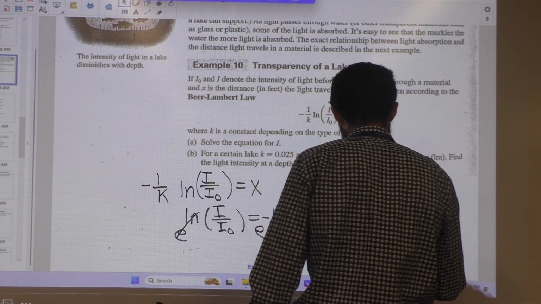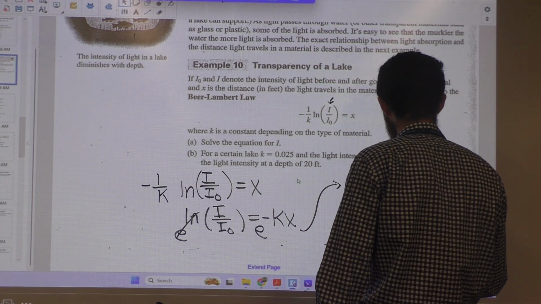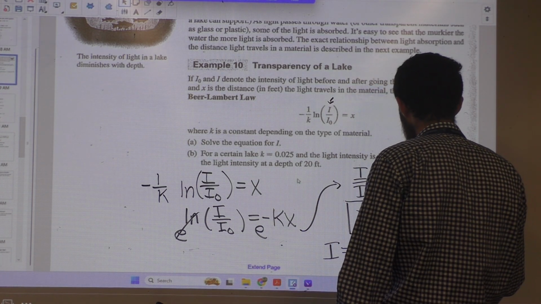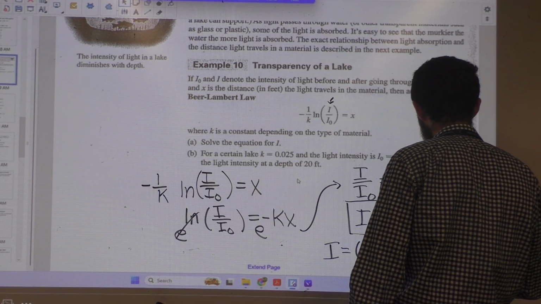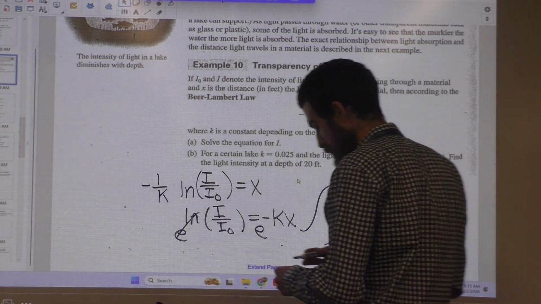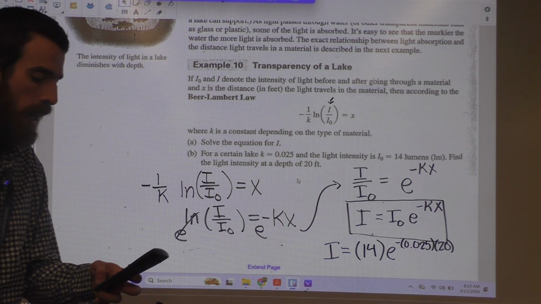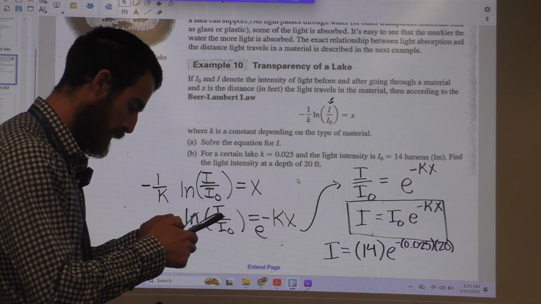I is equal to I0, so that's 14 lumens, e to the negative k, 0.025, times x, which is 20. Only calculator I see is this TI30X, but that'll do. I believe we have e. Yes.